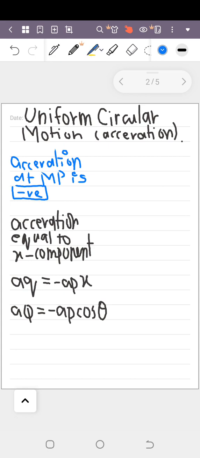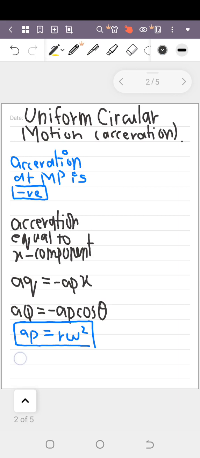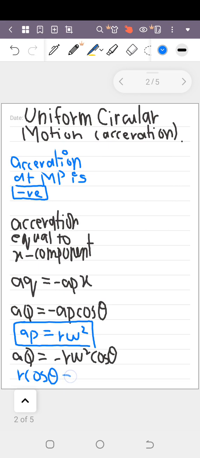So now here, as we denote ap, acceleration is equal to r omega square. So here we have aq, which is equal to minus r omega square cos theta. Okay? And here we have learned that r cos theta is equal to x.